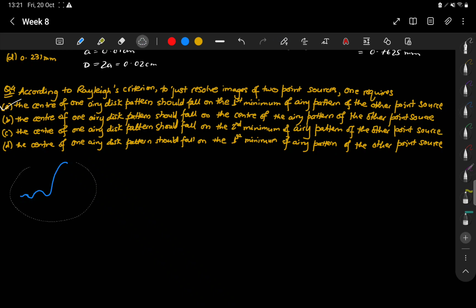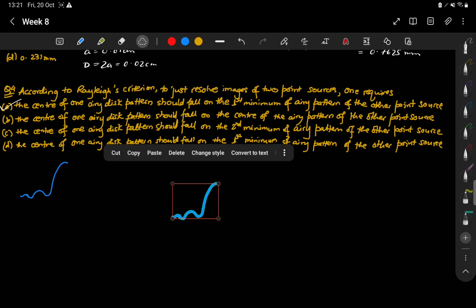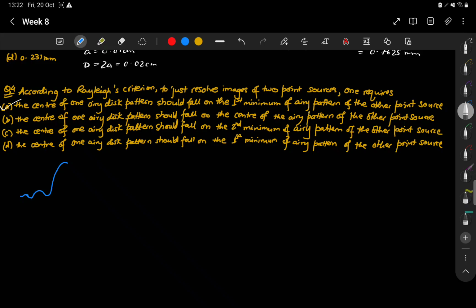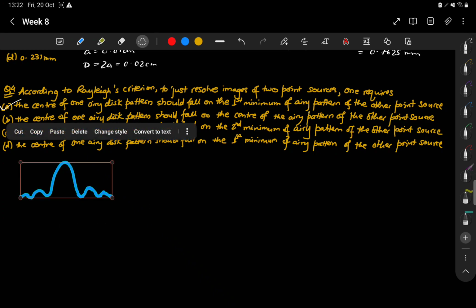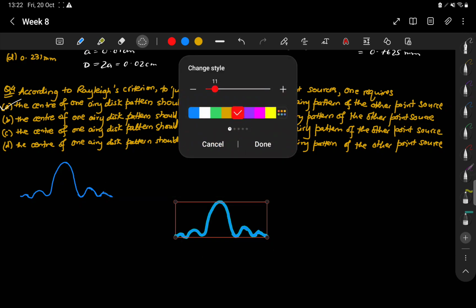Can I copy paste this? I don't think I can rotate this. Fine. Okay, so this is probably my best attempt. This is for one source. Let me copy paste for the second source and change its color.